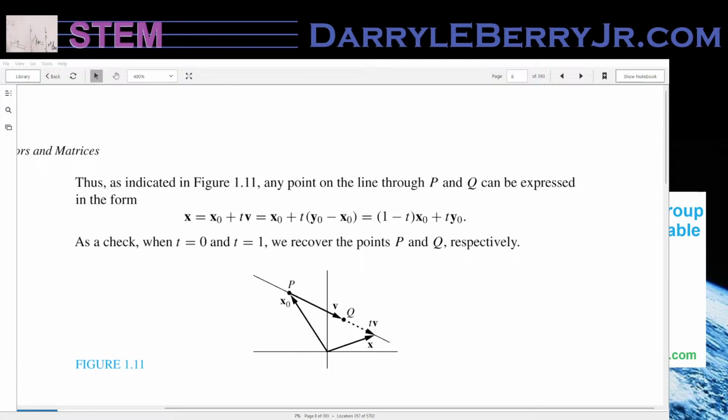Now, what they're also saying is that there's a plane, and that blue line is in this plane, and they want us to show that X0 must be in that plane if the line intersects that plane.